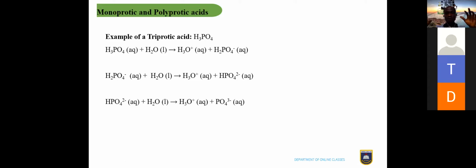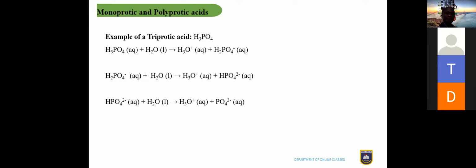And I'm sure you remember from your chemical kinetics that equilibrium is reached in a chemical reaction when the rate of the forward reaction is equal to the rate of the backward reaction. That's when equilibrium is reached. And it happens only in reversible reactions. The reaction has to be reversible first before equilibrium can happen. It doesn't happen in irreversible reactions, no.